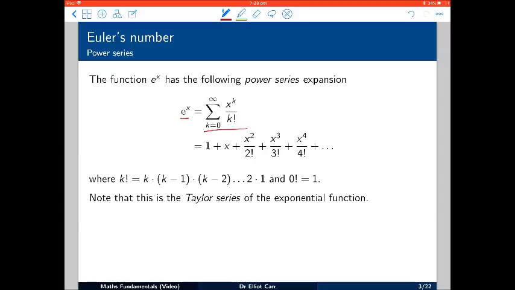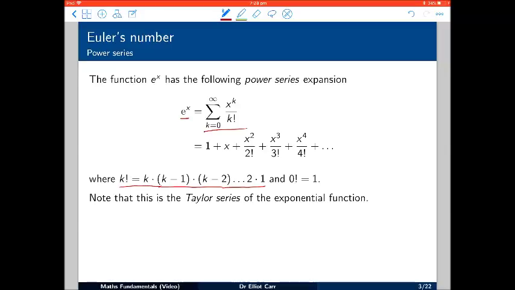Now, you recall that k factorial is defined for an integer or whole number k, by multiplying k by every integer smaller than it until I get to 1.